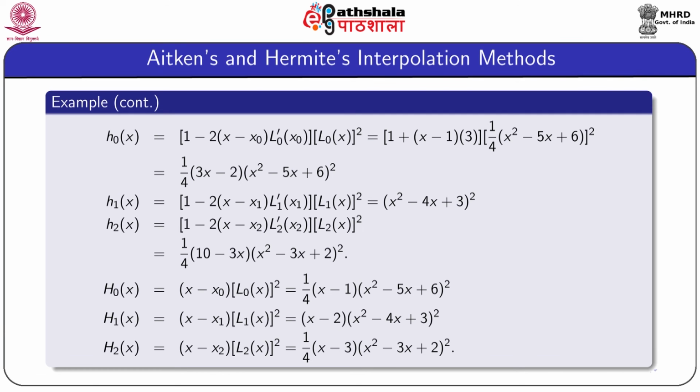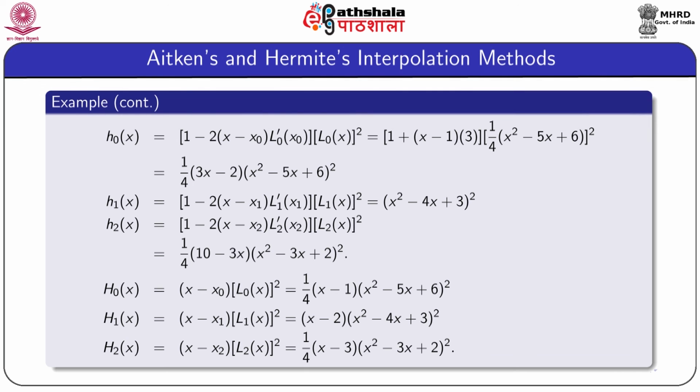Now, we can determine all the values of small h and capital H. Small h0(x) is equal to 1 minus 2 into (x − x0) into the first derivative of L0 at x0, whole into L0(x) to the power 2. So, using the values of L0'(x0) and L0(x), we obtain h0(x) equal to 1 by 4 into (3x − 2) into (x² − 5x + 6) whole to the power 2.